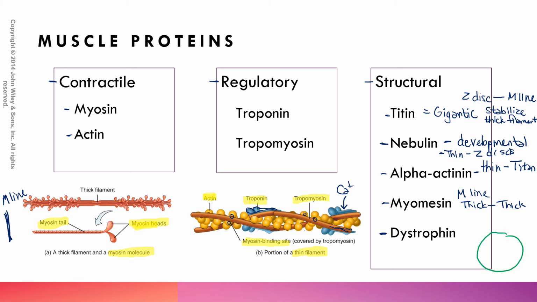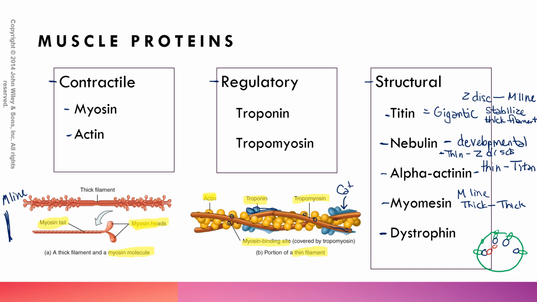So if we look at a cross section of a muscle fiber, we're going to have these integral membrane proteins. And then we're going to have dystrophin that would actually form that connection point of the integral membrane proteins to the thin filaments.